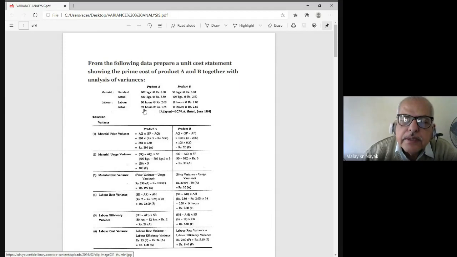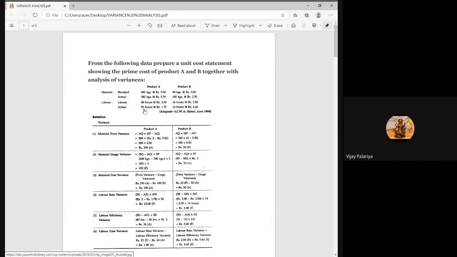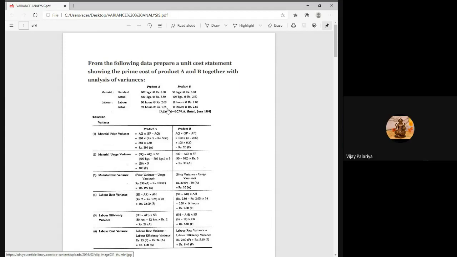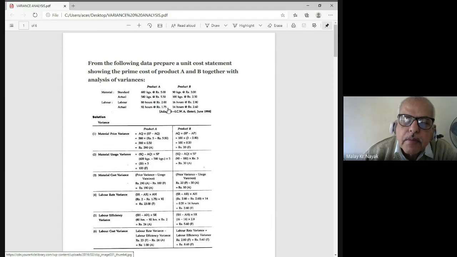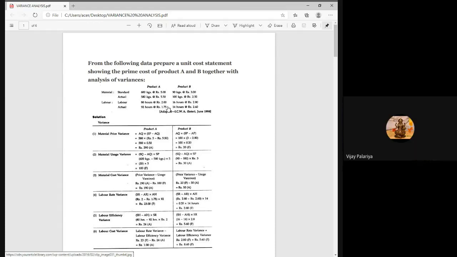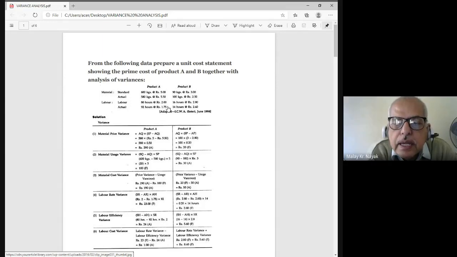What is AH? 92 into within bracket AR 1.75 minus 2. You should not regard the minus or plus. Therefore 92 into 0.25. What is the figure? 23.